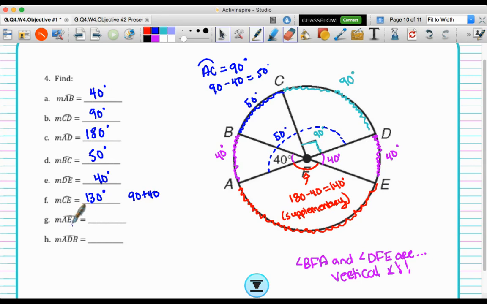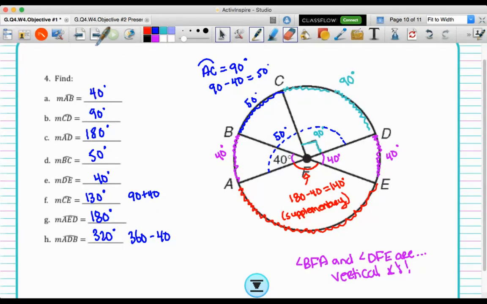Oh, AED, so it's going to be over 180. AED. Oh, that is 180. What about ADB? ADB. It's everything but that distance, right? So those add to 360, just like we were talking about. 360 minus 40 is 320 degrees.